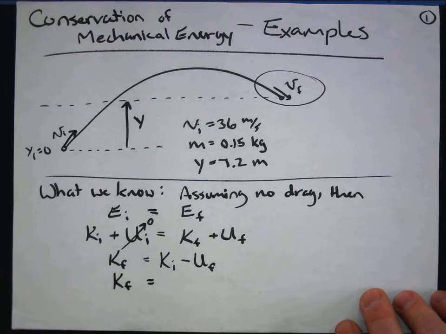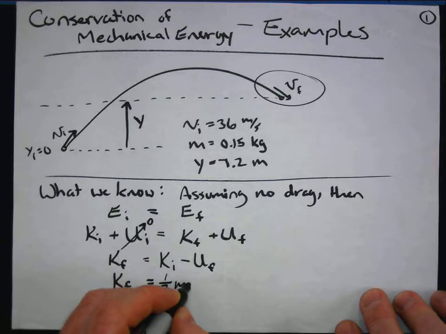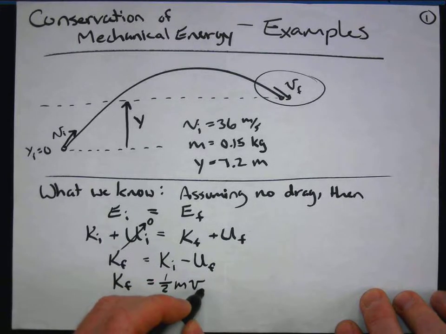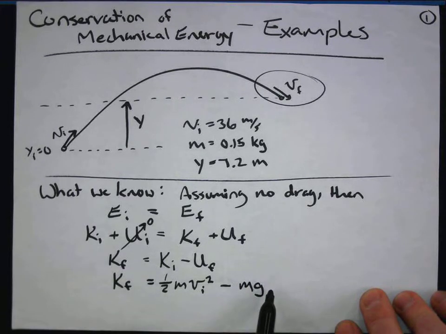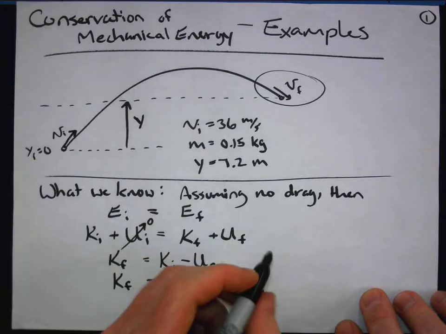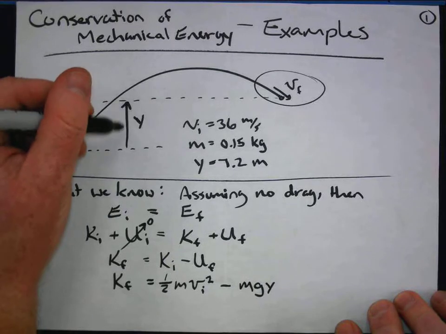Let's look at the value of this final kinetic energy. We're going to say, well, initial kinetic is going to be 1/2 m v initial squared. Please keep track of your exponents. We're going to take away the stored energy, potential energy. This is due to gravity, so when it's due to gravity, we say mgh. Or remember, it could be h. Here we're calling it y. It really doesn't matter what you call it. You're thinking of that vertical change.